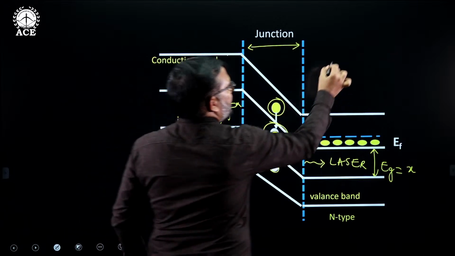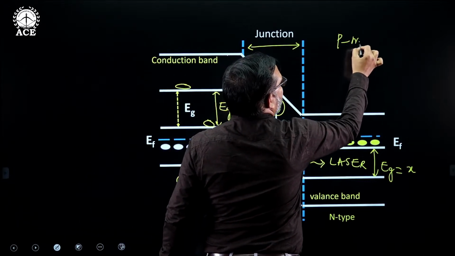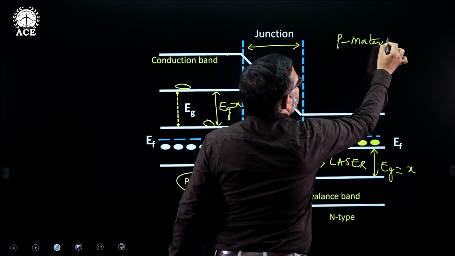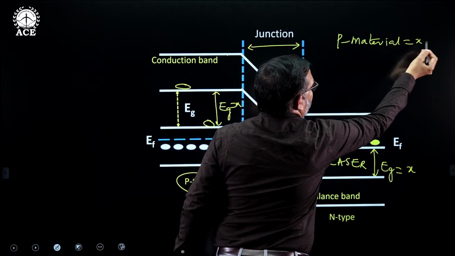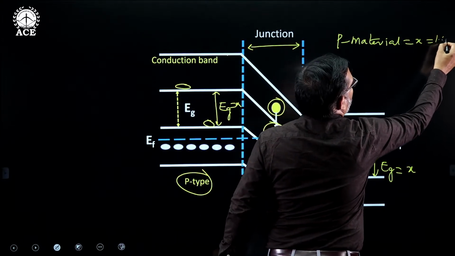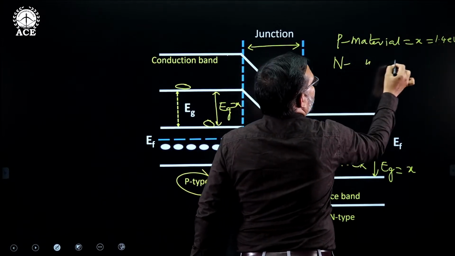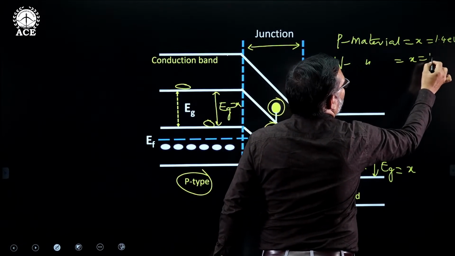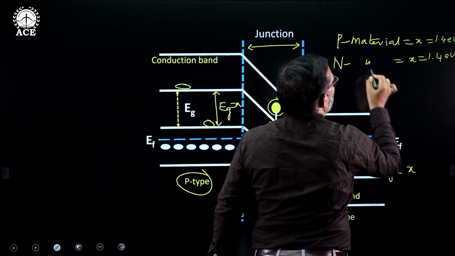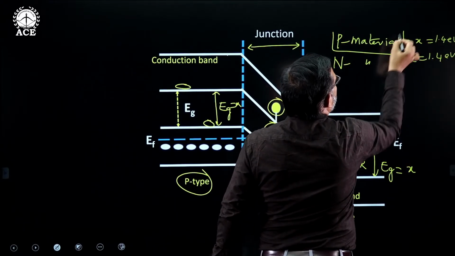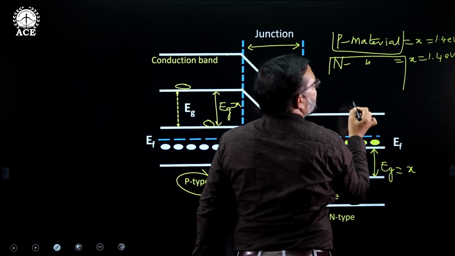The P material has what energy gap? X. For example, we'll just take 1.4 electron volts. Next, the N-type material also has the same X, 1.4 electron volts. So the P material has the same energy gap and the N material also has the same energy gap.